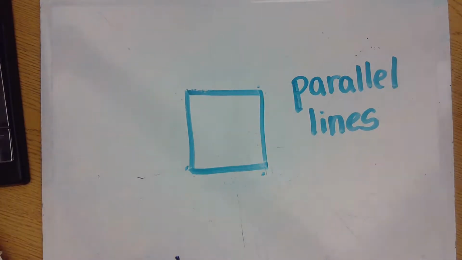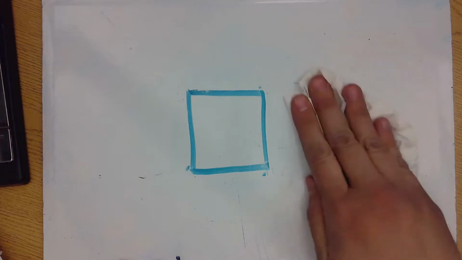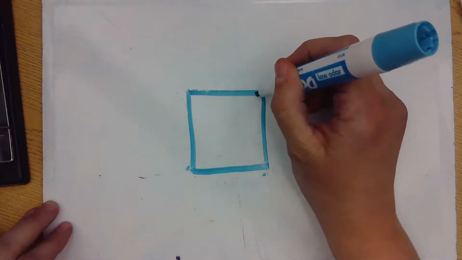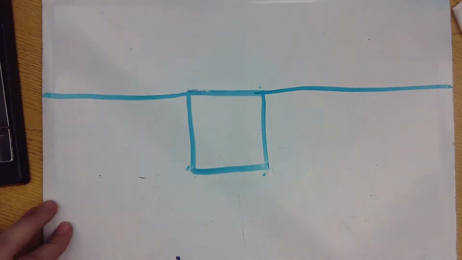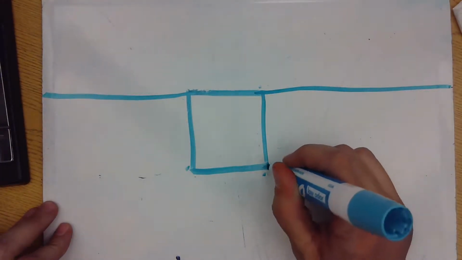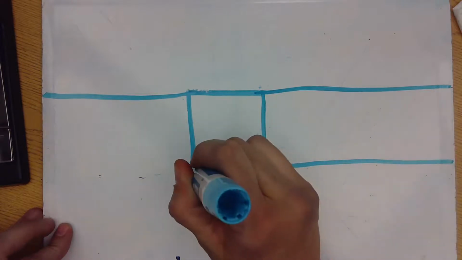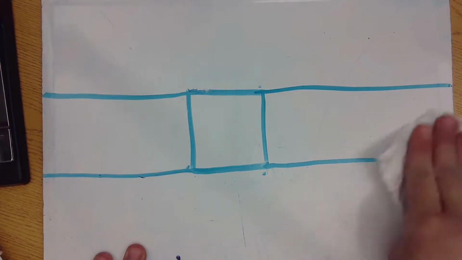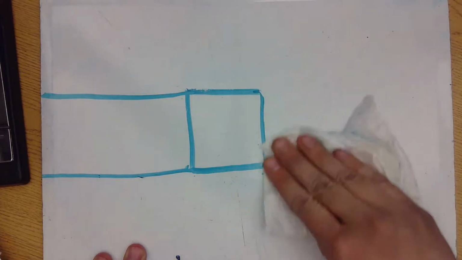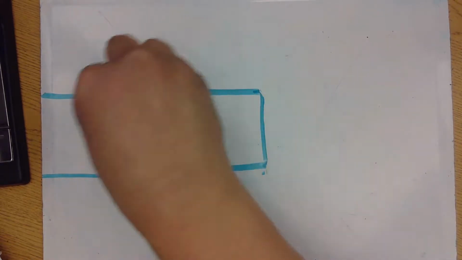So let's pretend like I have this square and I want to keep on drawing the top line on and on and on and on. And I want to keep on drawing the bottom line on and on and on and on. If I did that, I know that the top line and the bottom line are parallel because if I extend the sides, they will never, ever, ever touch. So that lets me know that those two opposite sides are parallel.